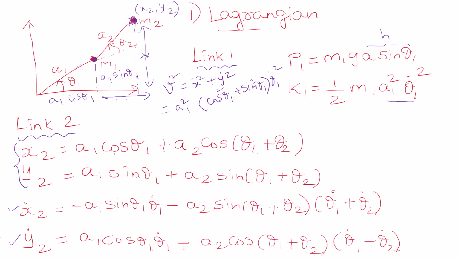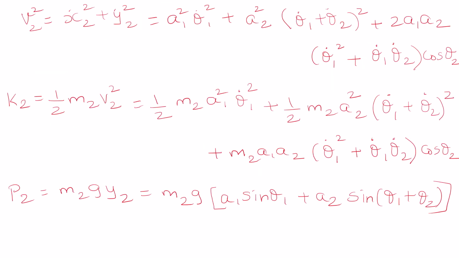So we are taking the first derivative of the x coordinate and the y coordinate, and from that we'll be getting the velocity. So v2 squared is equal to x2 dot squared plus y2 dot squared. Already we have found x2 and y2.